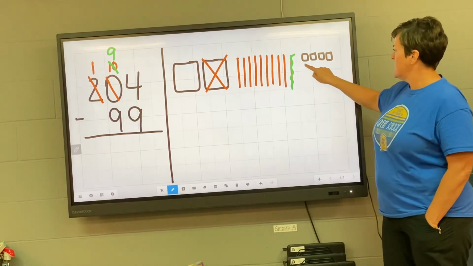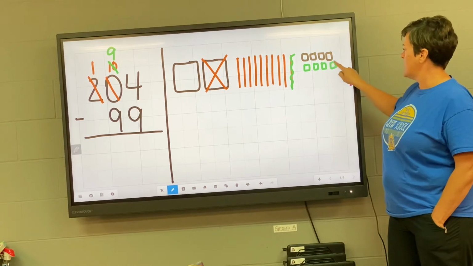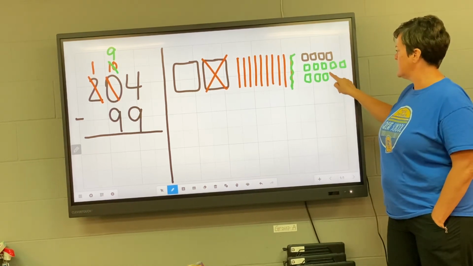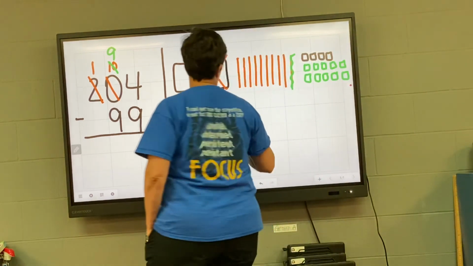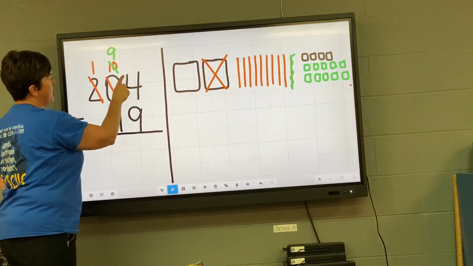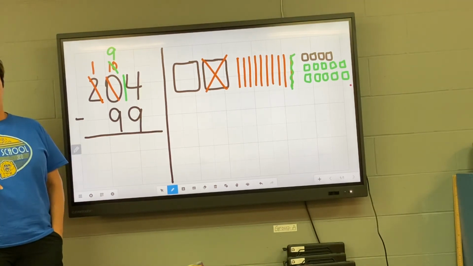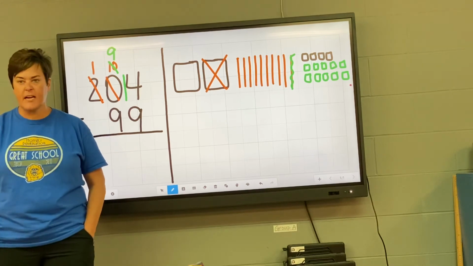Right. 1, 2, 3, 4, 5, 6, 7, 8, 9, 10. Okay, now I have these 10 plus those 4. How many 1s do I have? I now have 14. Can I finally start subtracting?